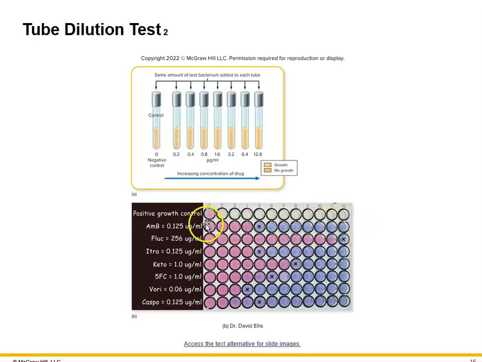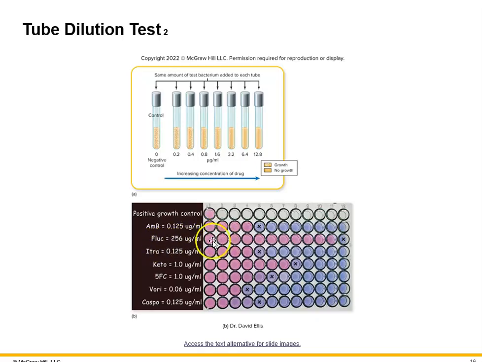Typically you're going from lowest concentration up to higher concentrations as you go along that row. You can see the growth, it's pink, it's pink, it's pink, it's pink, and then all of a sudden it turns purple. So this is the minimum concentration that is effective against this microorganism.